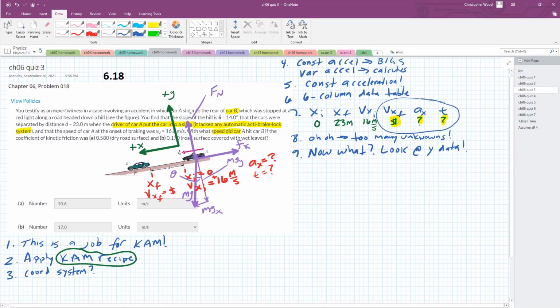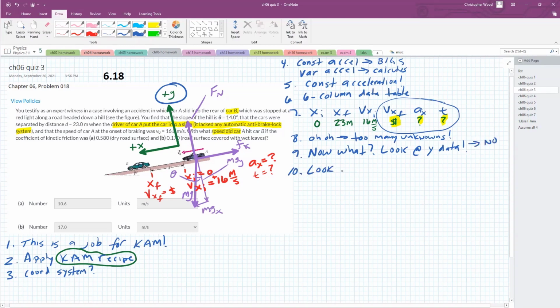There's nothing happening in that dimension that I can see any connection with the final x velocity, a sub x, or t. Unlike projectile motion, this is not 2D projectile motion. In that case, you could find something from the Y data.